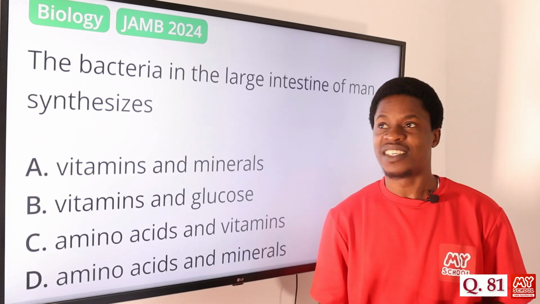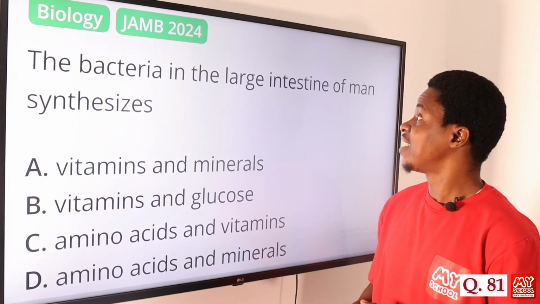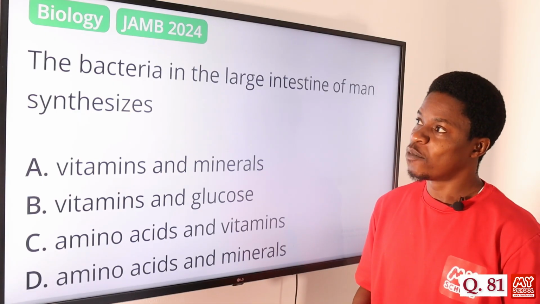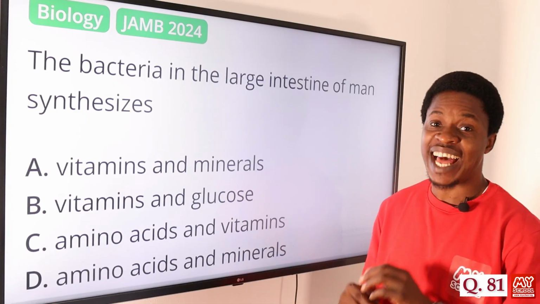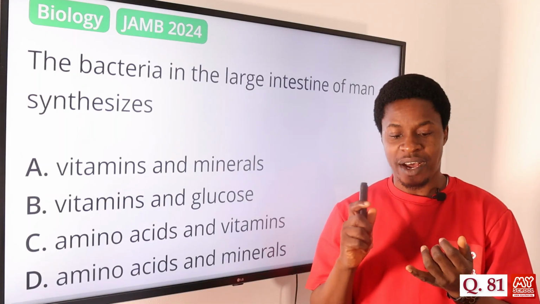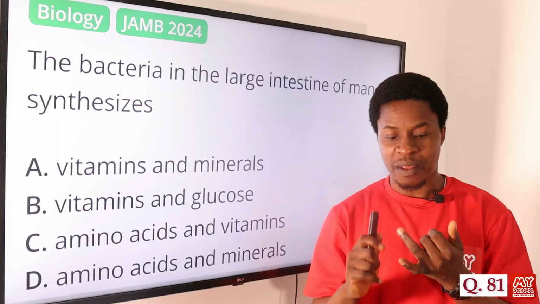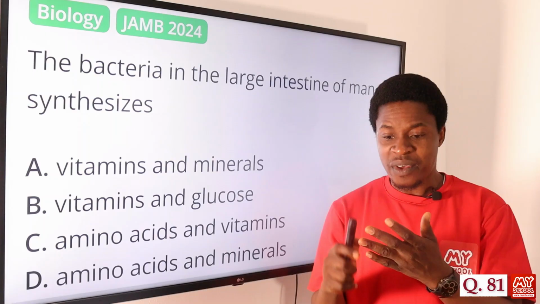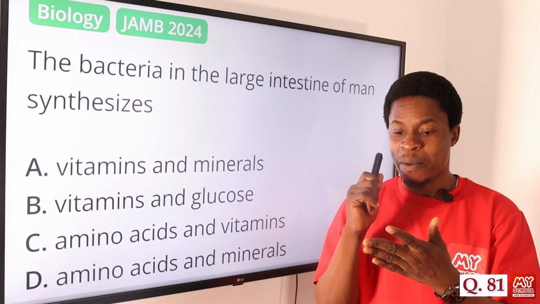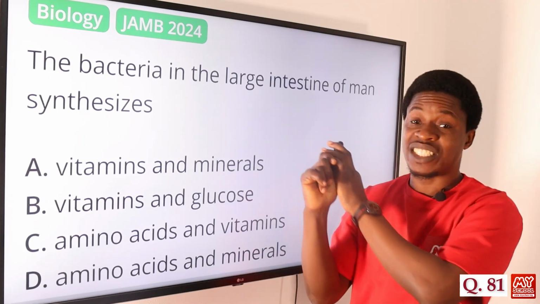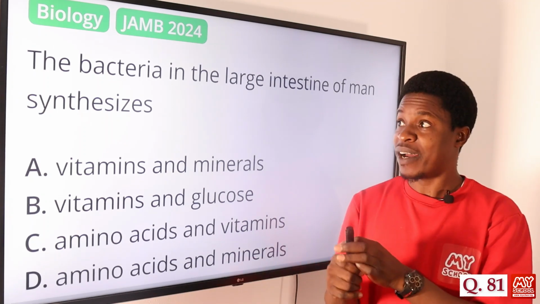Question number 81. The bacteria in the large intestine of man synthesize what? We must realize that in the large intestine we have bacteria. We talk about the bacilli, the lactobacilli that break down milk, and the streptococci. We have some of them present in the large intestine of man.